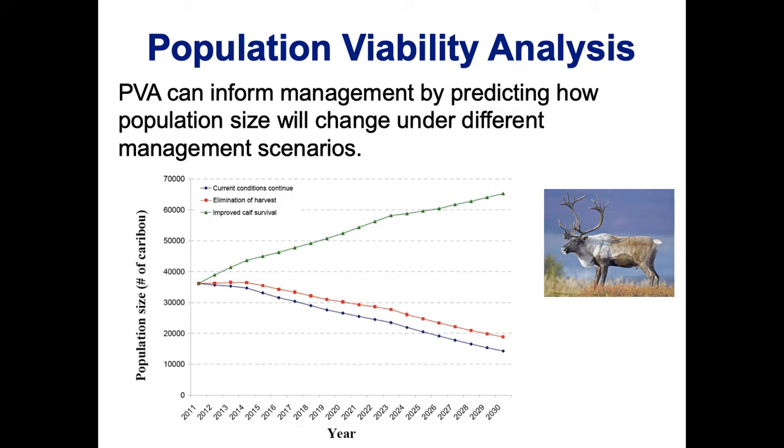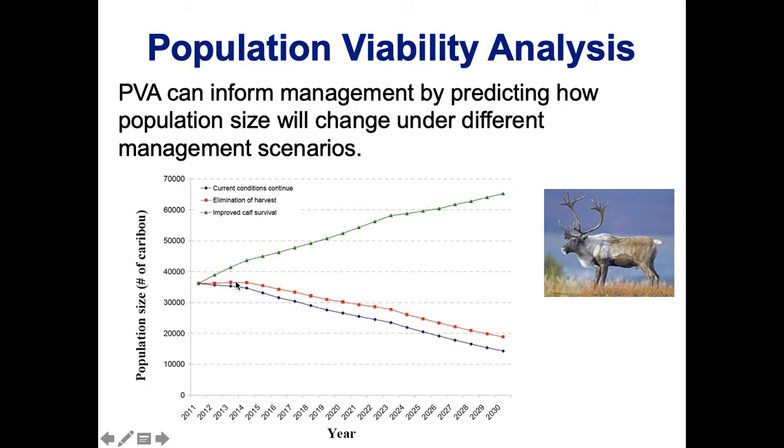So this shows an example. This is a population viability analysis for reindeer. And we see that they started the population here, and then they ran it under 3 different conditions.